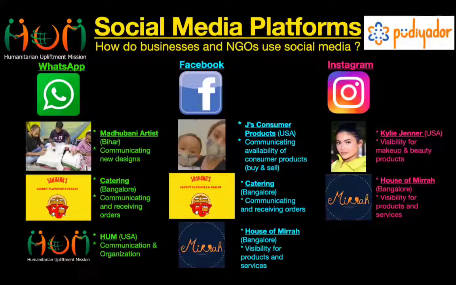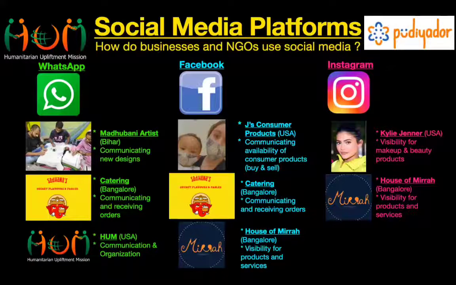At the very bottom is House of Mirror, the one in blue, MIRRAH. They are a very small business. They want visibility for their products and services, and they use Facebook. Now Mirrah is also on Instagram.